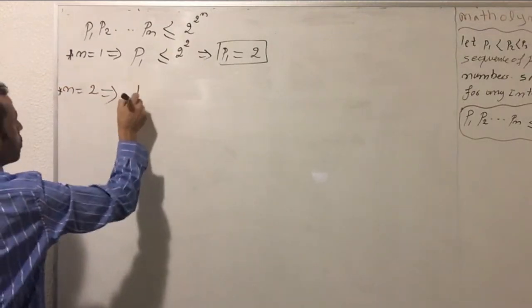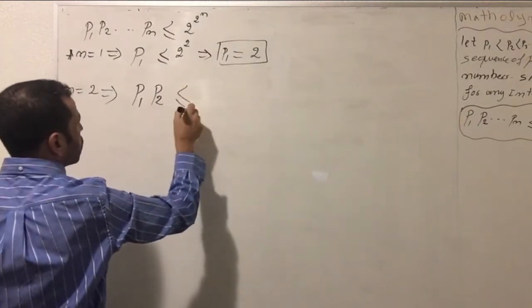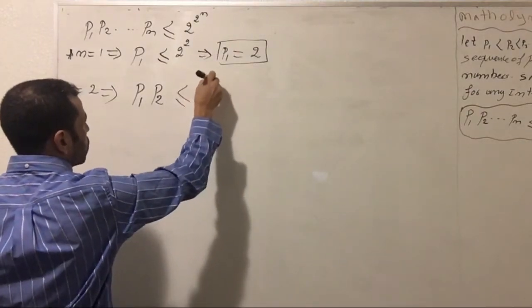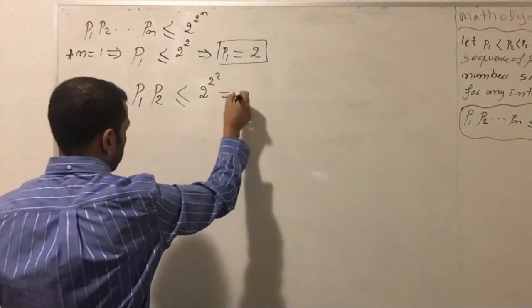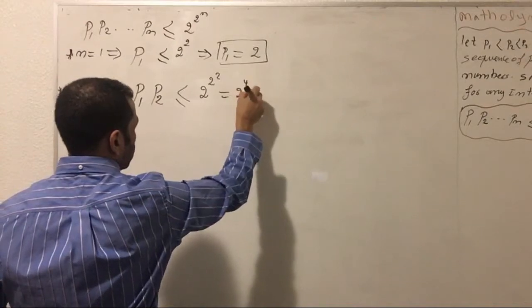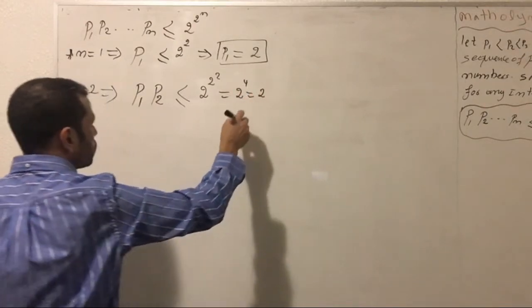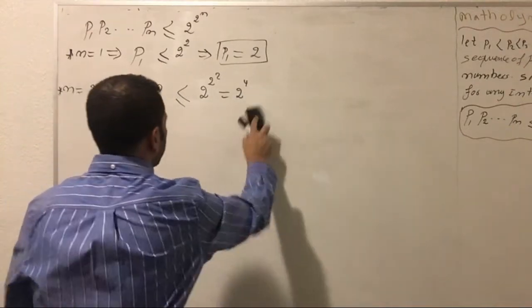This implies P1 multiplied by P2 is less than or equal to 2 to the 4, which I can rewrite as 2 to the 4th.